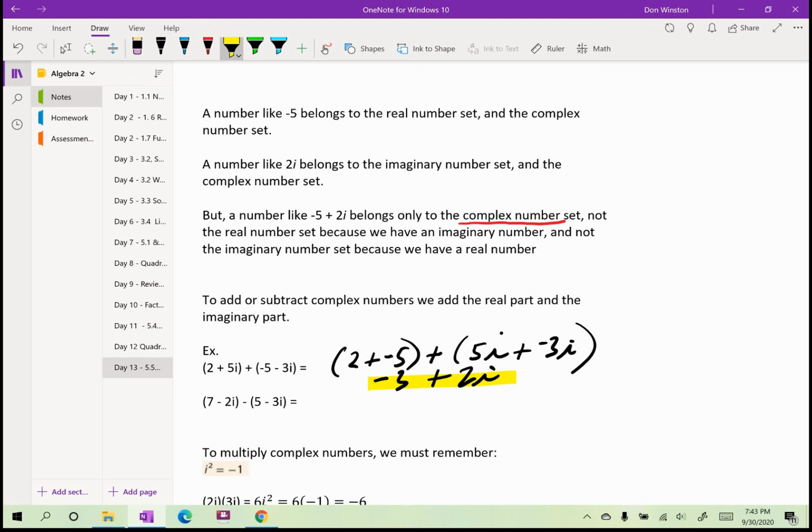When we have subtraction, we have to change subtraction. We have to distribute the negative. So what we'll have here, I'll have a plus, so this would be a plus negative 5, and then distribute that negative, and then we'll have a positive 3i.